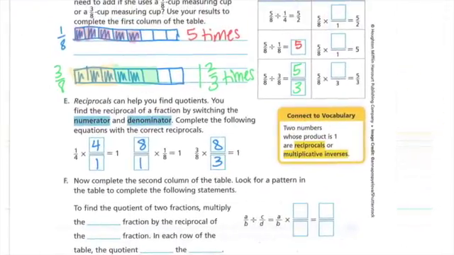All right, F says, now complete the second column of the table. Look for a pattern in the table to complete the following statements. So now they want us to take our 5/8 and multiply it by something, and we're going to get the same answer as we did in the first column.